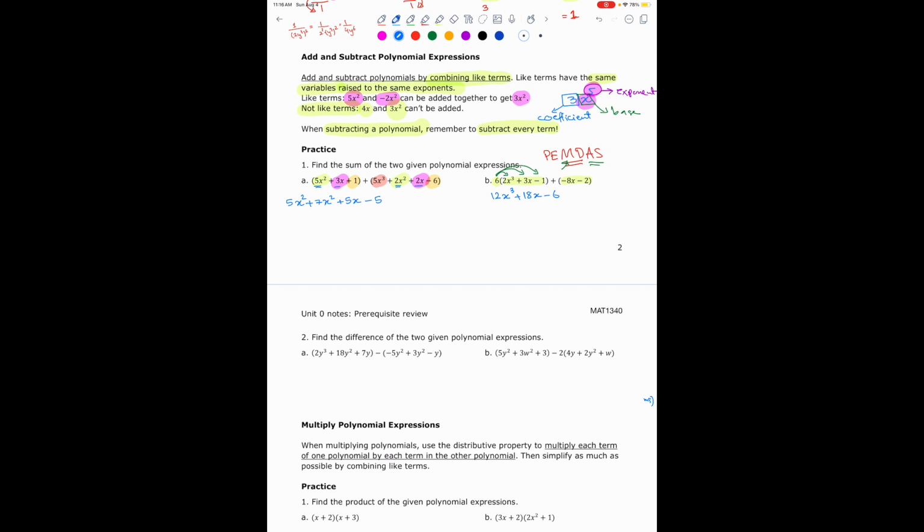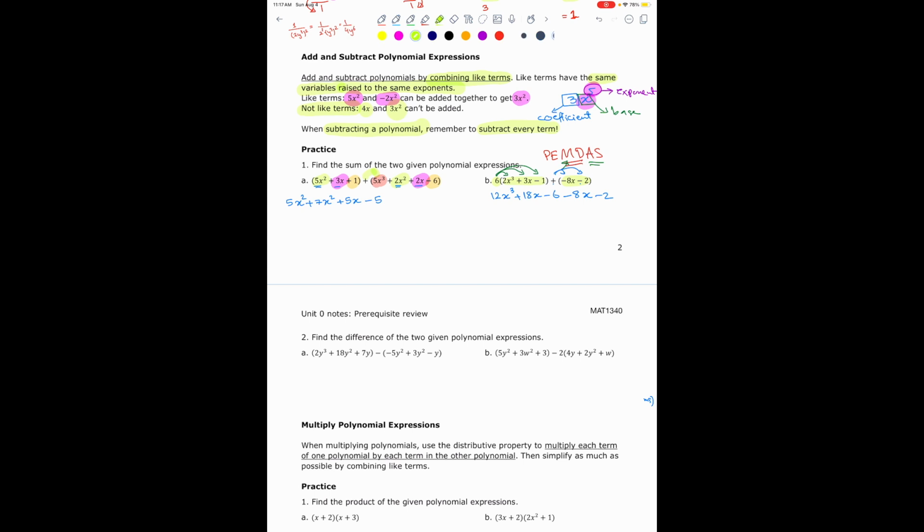And then let's drop the parentheses from here. Positive times negative is negative 8x. Positive times negative 2 is negative 2. So again, you distribute the positive inside. Positive usually doesn't change the sign. That's why I ignored that here in the previous question.